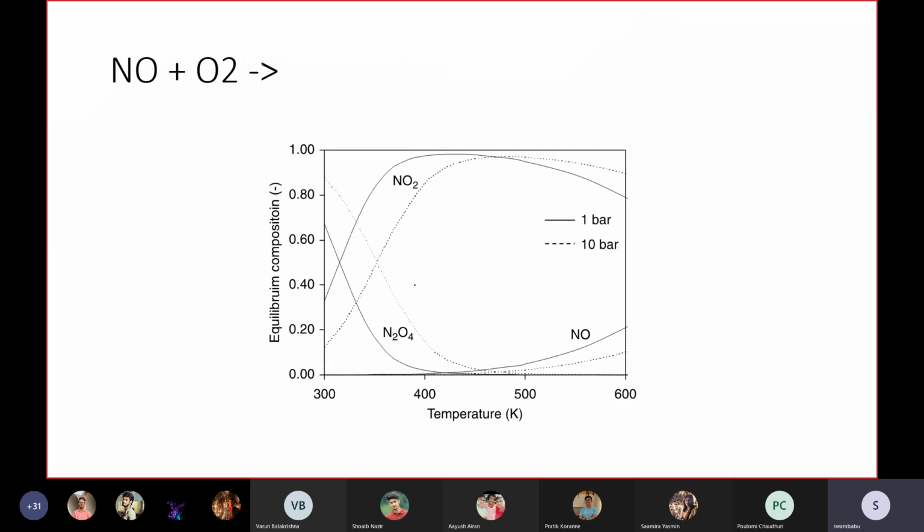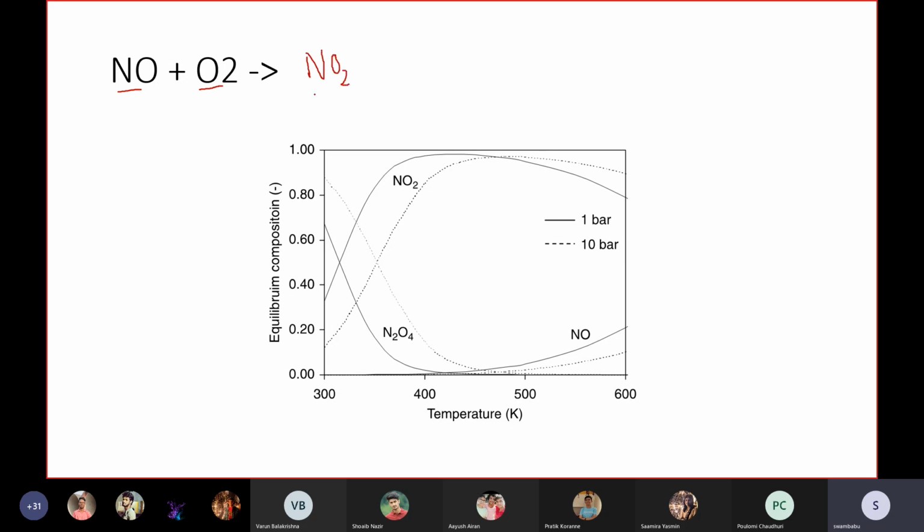So here you can see nitric oxide oxidation is a non-catalytic reaction. Now, one important feature we need to understand: NO reacts with oxygen and forms NO2.